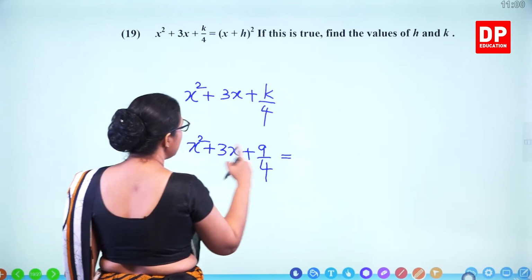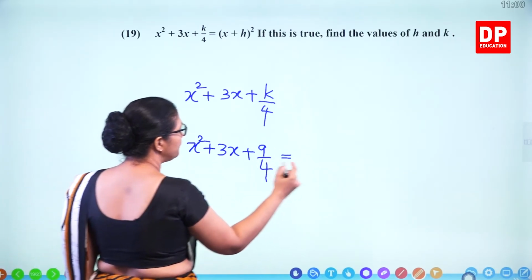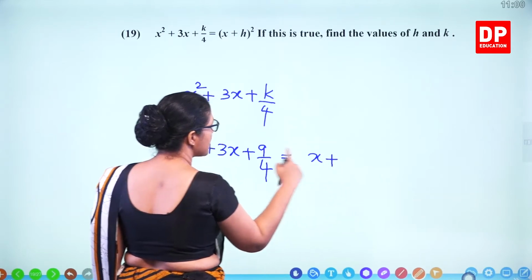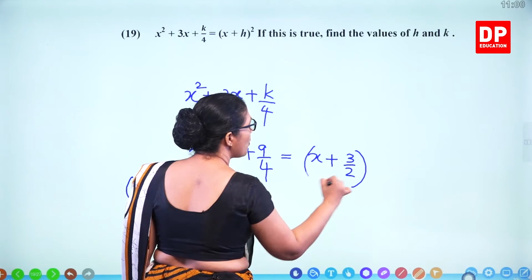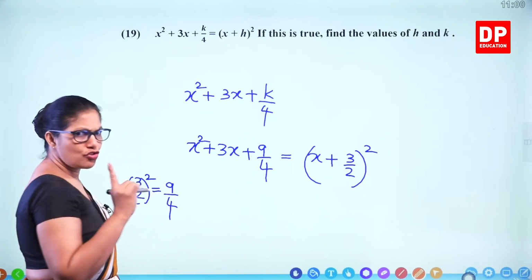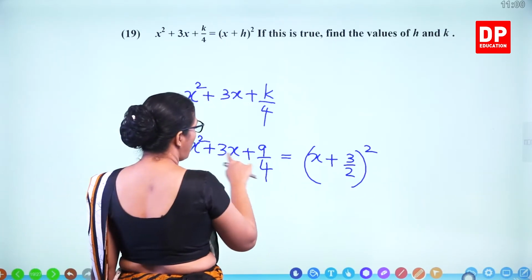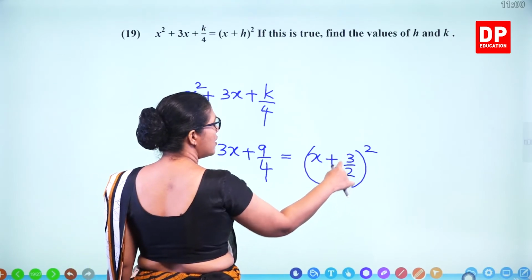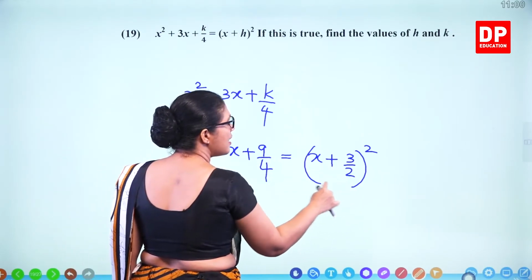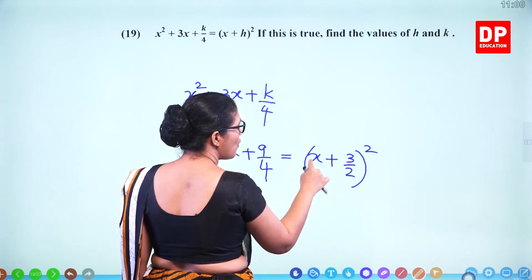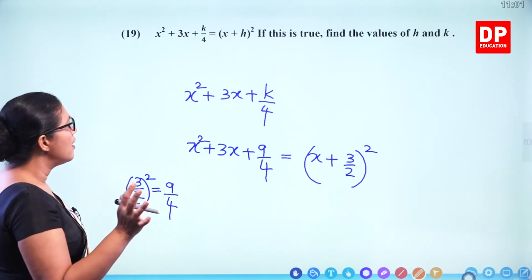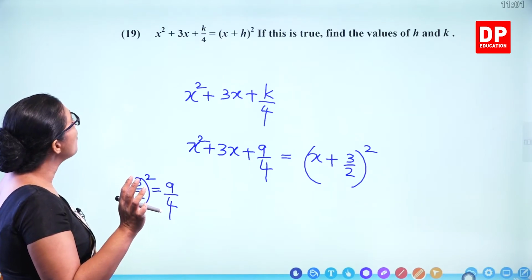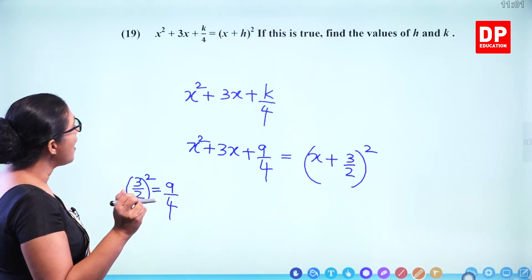That means this is equal to x plus the square root of 9 over 4, you get (x plus 3 over 2) whole thing squared. Check. You get all these 3 terms: x squared, the square of this, and 2 times the multiplication of these 2, so you get 3x. All 3 terms are the same. Now you can compare.